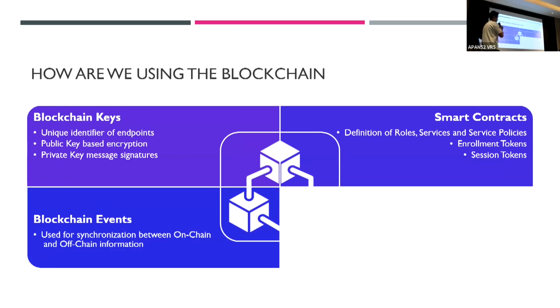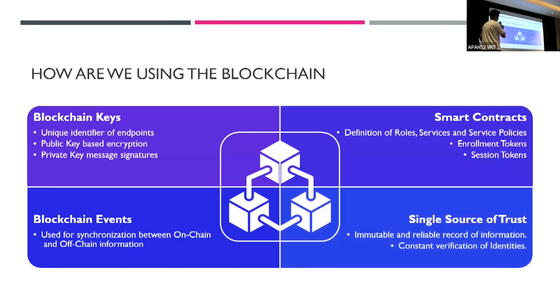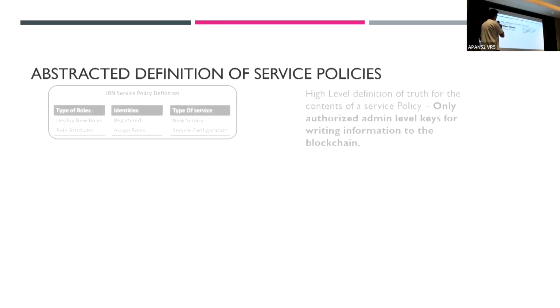So we're achieving this through blockchain events and automatic synchronization that keeps what we call on-chain information and off-chain information synchronized. Also, with the multiple layers it has, the blockchain itself provides the single source of trust that is required in order to have this type of system.